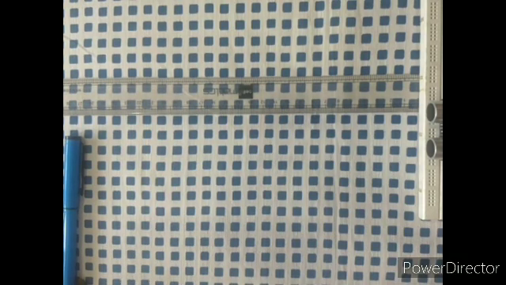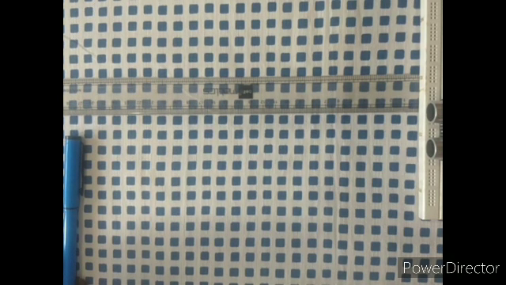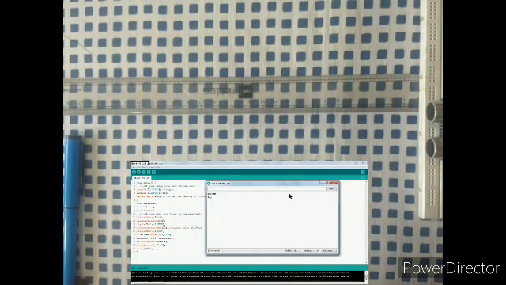From the serial port we can get the distance in centimeters. Now we will start. Okay, so we have started the console.